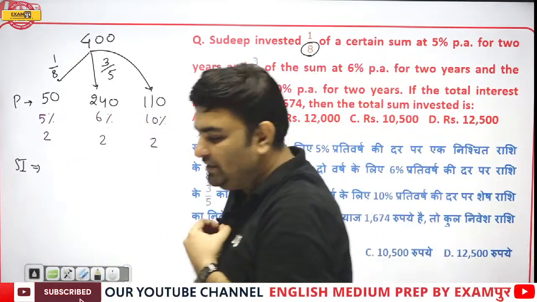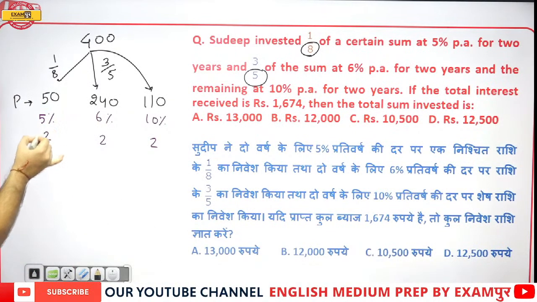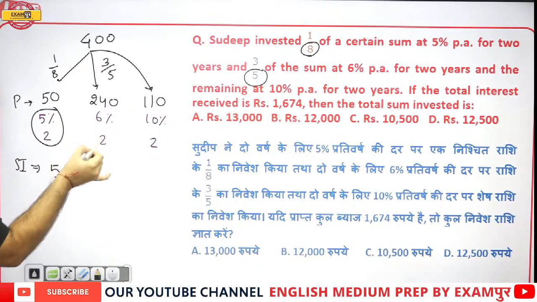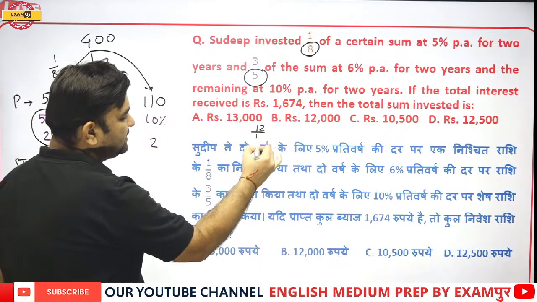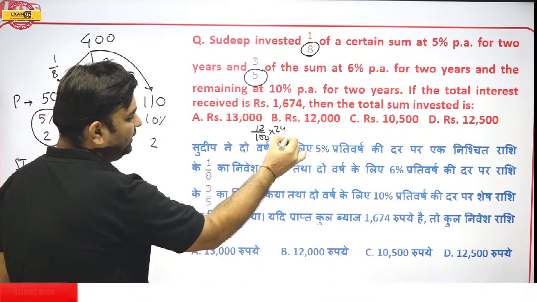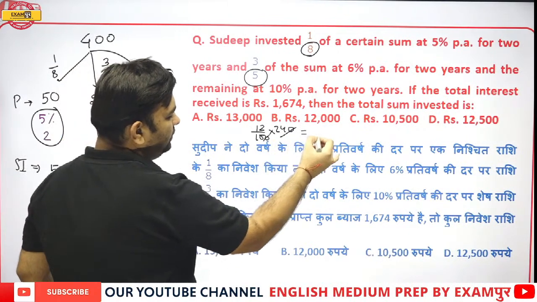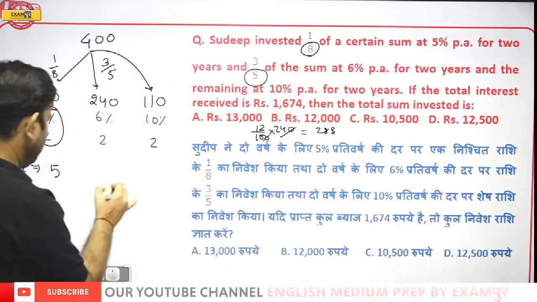Well done, Sanjeev and Charlie. So 10% of 50 is 5. 12% of 240, which is becoming 240 plus 48, 288 divided by 10, 28.8.